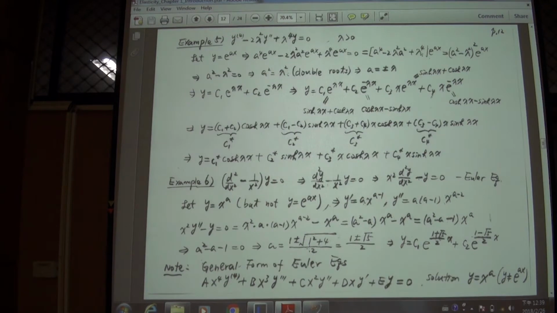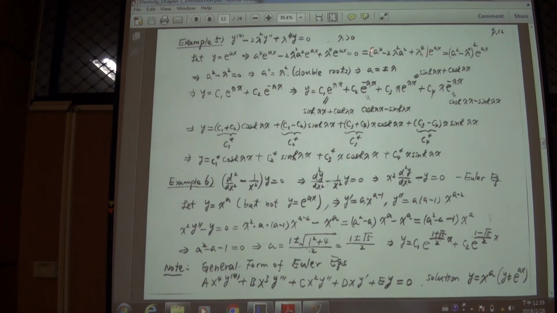Here lambda is a positive parameter, a positive constant. Once again we let y equal exponential ax and put this into the equation to get this: y differentiated 4 times equals this term, and this term equals this term, and this term equals this term. Then we have the common term, and we take out the common term, exponential ax.